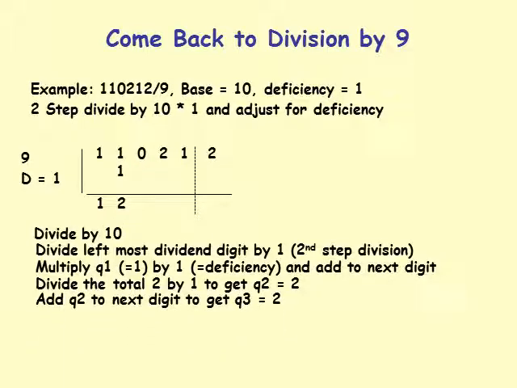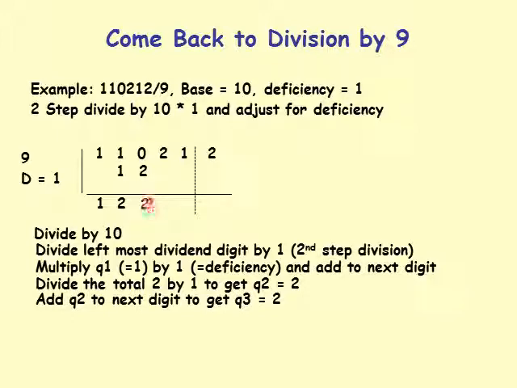Add q2 to the next dividend digit, and then 0 plus 2 is 2, and that's also my quotient digit, because when I divide 2 by 1 in my second division, I get 2. That 2 comes from here; we added the same 2 here. And 0 plus 2 is 2. I got a quotient.